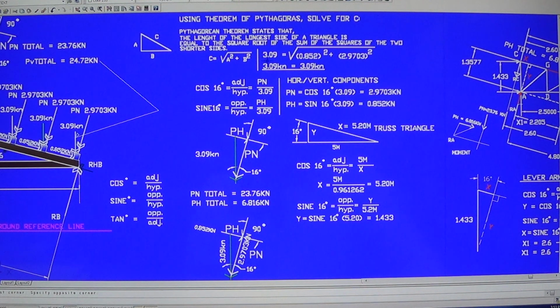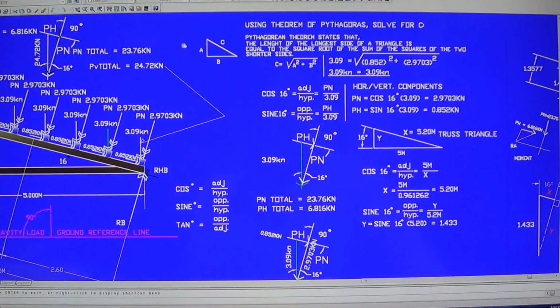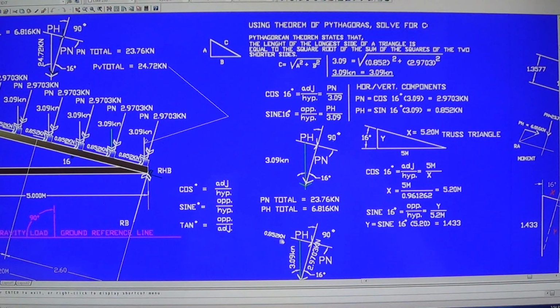So 3.09, the C, is equal to the square root of 0.852 squared plus 2.9703 squared, and we get the same. 3.09 is equal to 3.09. Therefore the PH and the PN are correct.